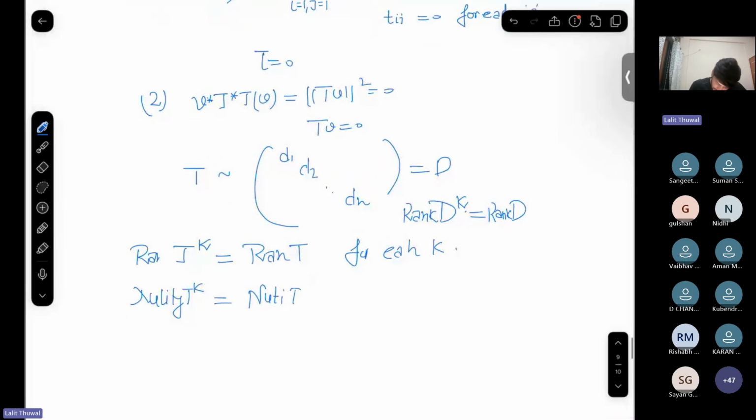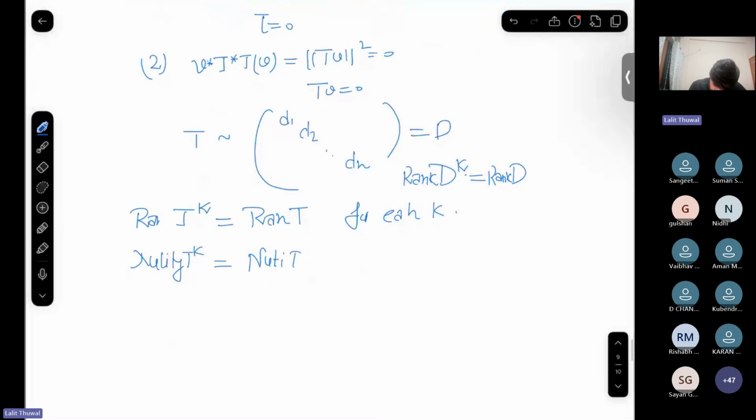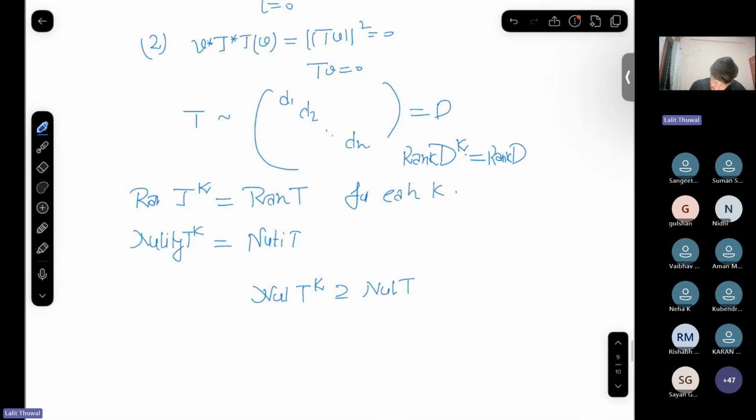If nullities are the same, see, the null space of T to the power K contains the null space of T, right? But if their dimensions are equal, then they must be equal, right? So for diagonalizable operators, nullity.